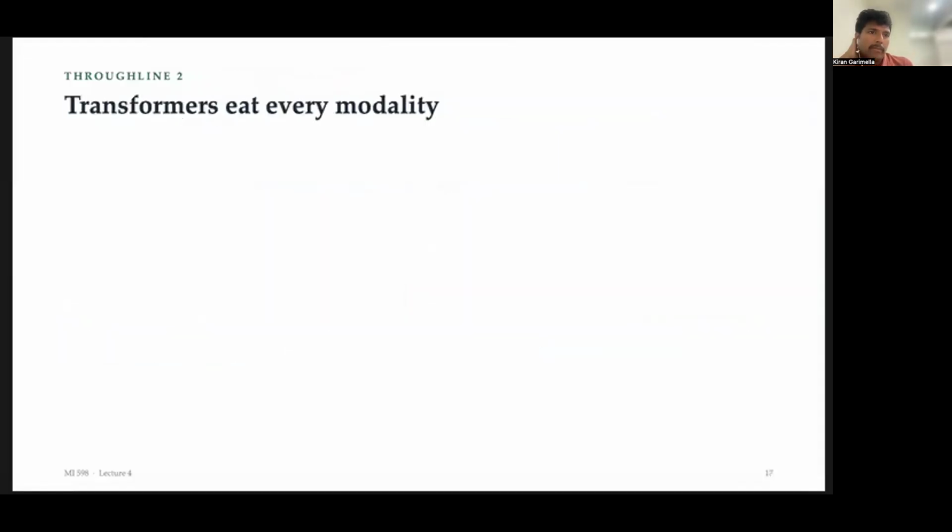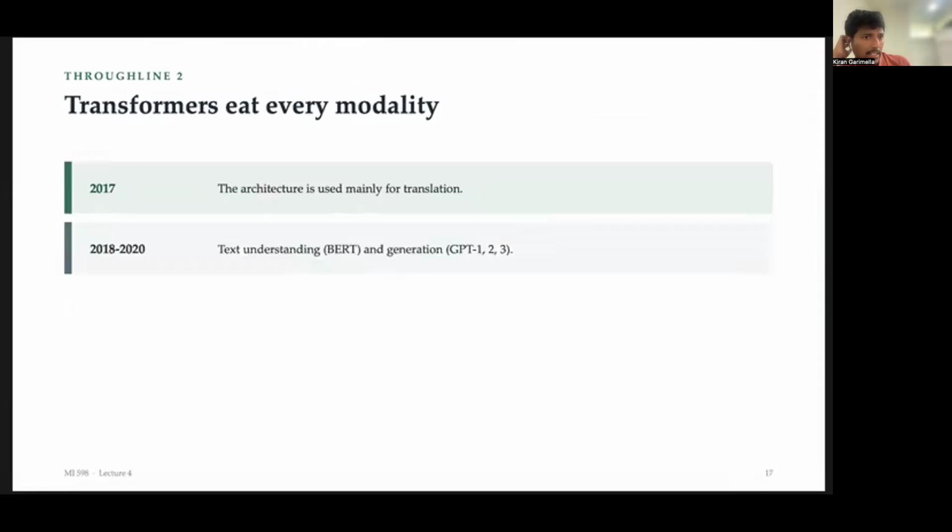Okay. So now let's look at a summary of how transformers eat every modality. In 2017, the transformer architecture was mainly proposed for translation.